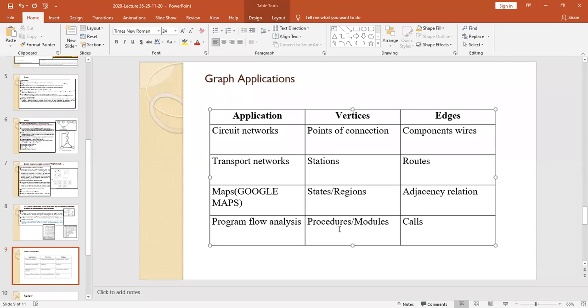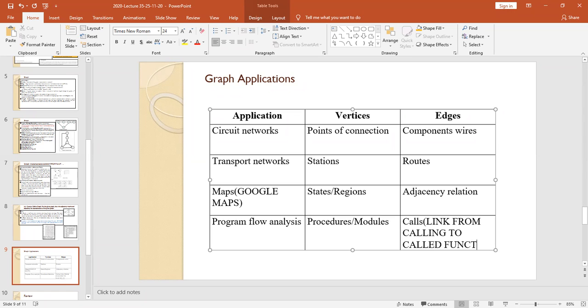Calling function to called function, we call it an edge. So an edge means a link from the calling function to the called function. So this is in our program, this is in Google Maps, transport network, and circuit networks. These are the graph applications that we can see.